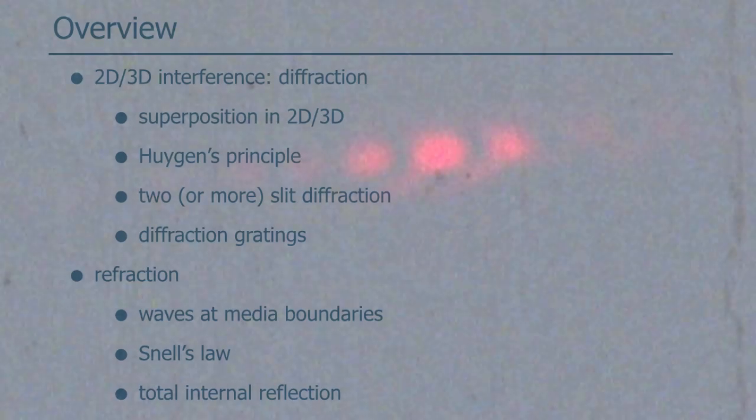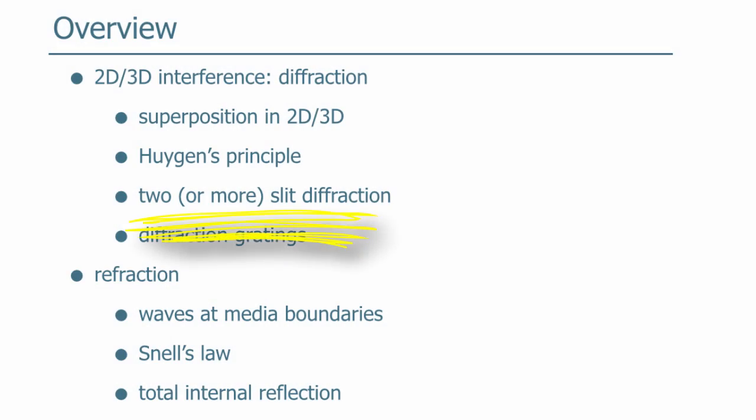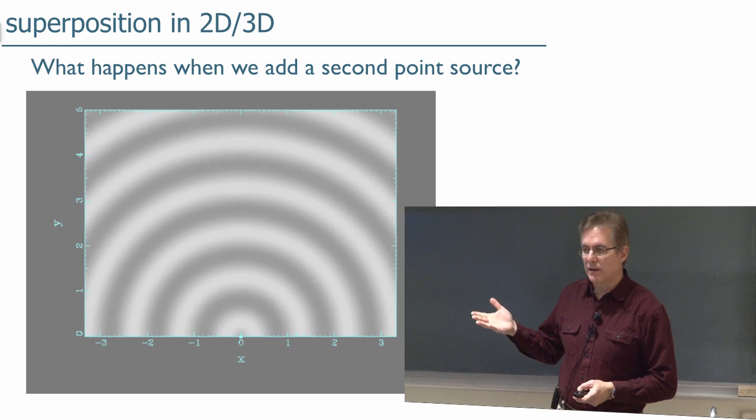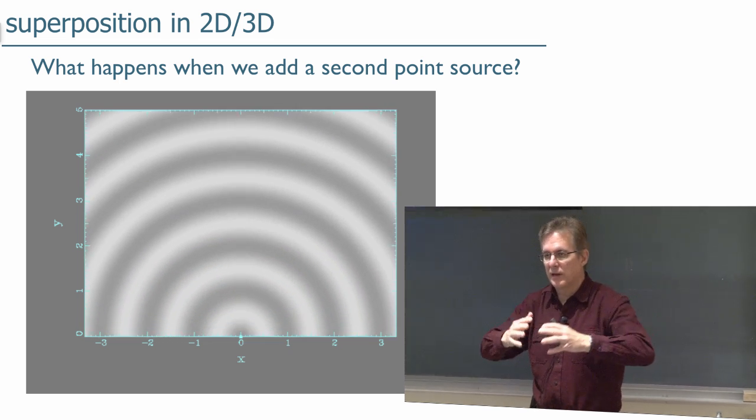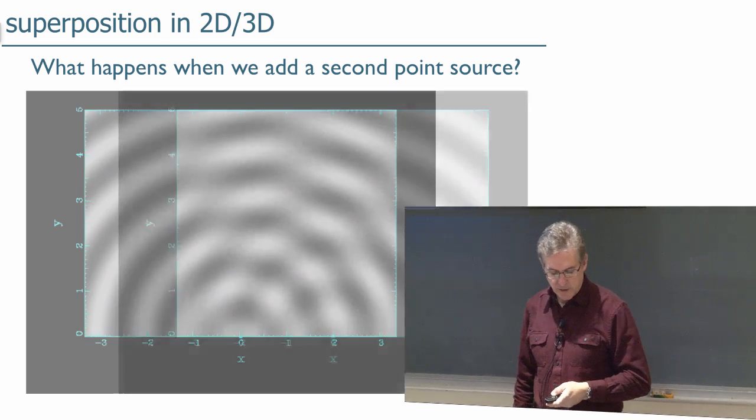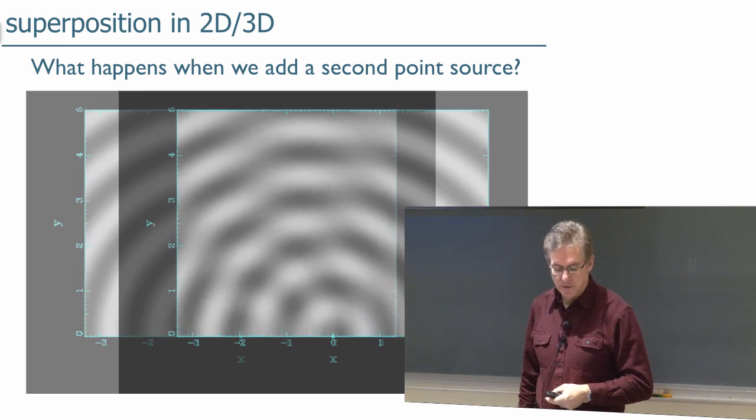Now, that phenomenon is due to the diffraction of light passing through the two slits. And what do we mean by that? Remember that when we had a single source, it's spreading its waves out in all directions, and then we had a second source.